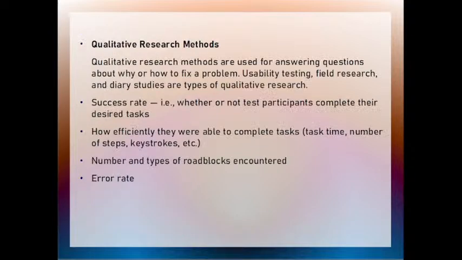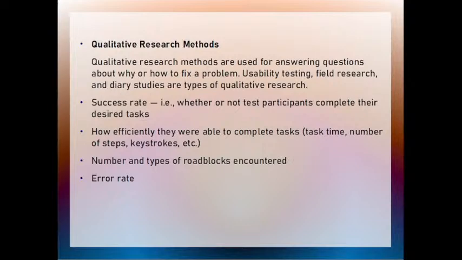Then we move to the qualitative research method. This method is used for answering the question of how to fix a problem. Usability testing or A/B testing, field results, and diary studies are types of qualitative research. Then how to measure the success rate?